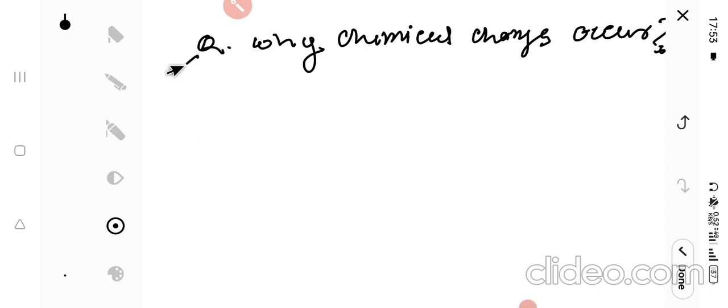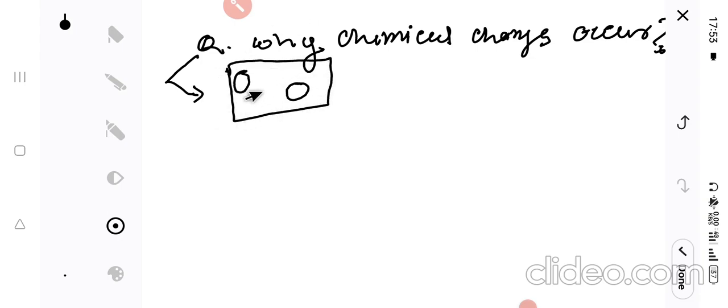This is the first question. Chemical changes occur because if you place two gaseous molecules in a closed container, then these two molecules come close to each other, collide, and strike each other, right?